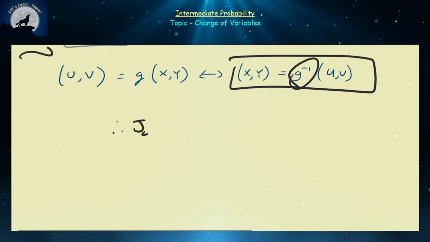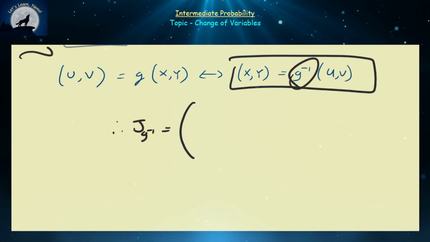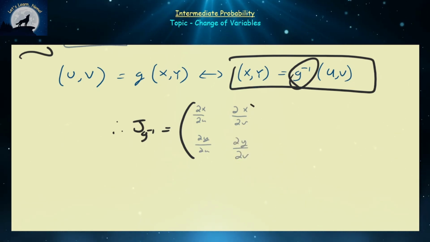Remember that the Jacobian for this inverse transformation G inverse will be equal to the matrix of all first order partial derivatives. In particular, we're going to have the partial derivative of x with respect to u, then the partial derivative of x with respect to v, then the partial derivative of y with respect to u, and the partial derivative of y with respect to v. That's going to be our Jacobian matrix for that transformation G inverse.